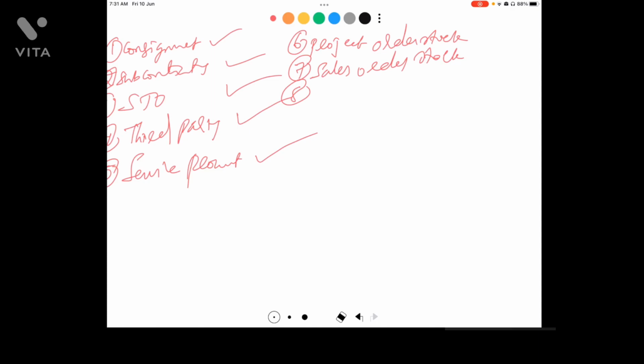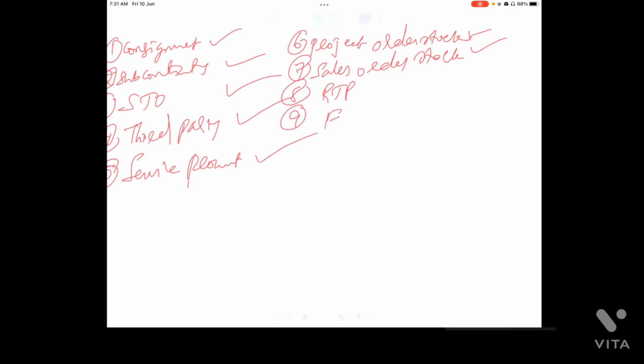So these are all the purposes of buying for a particular order. And we have RTP, and we have ERS, evaluated receipt settlement. And what else? We have direct consumption.